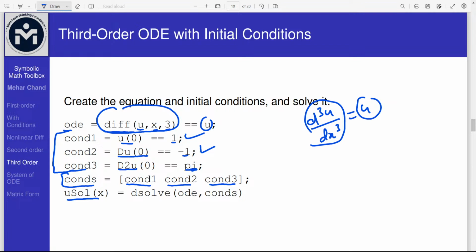When we solve this equation, this will be the values of u in terms of x. So we have the solution of this differential equation involving the x variable, using dsolve, and this step is similar in all the examples we discussed.